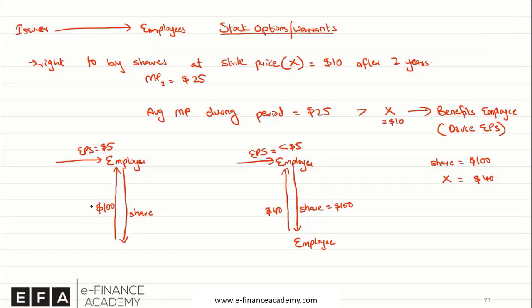Previously, the company would raise $100 per share, invest it to earn a return of around $5 per share, and now you're only investing $40 per share to earn a return of, of course, less than $5 per share.